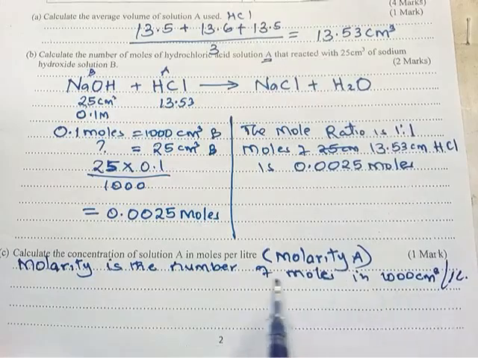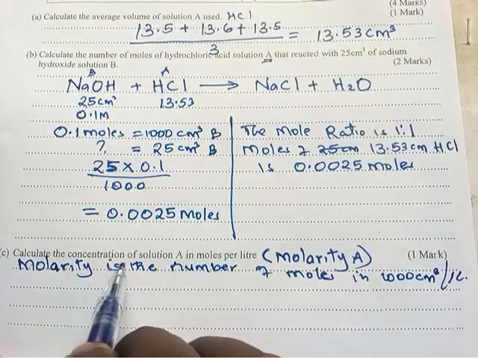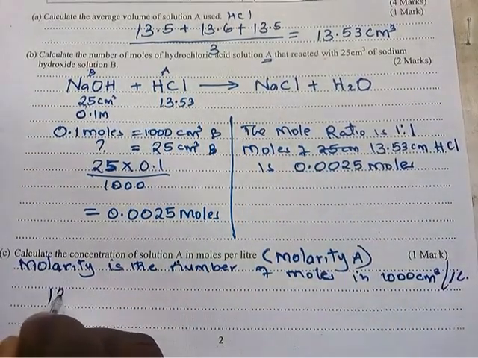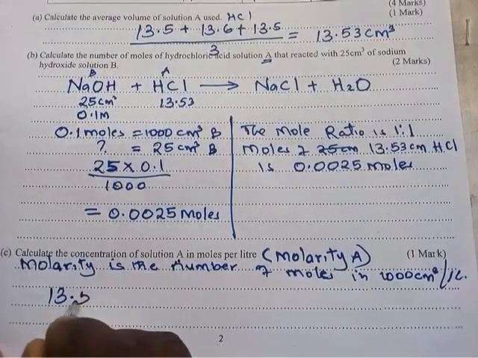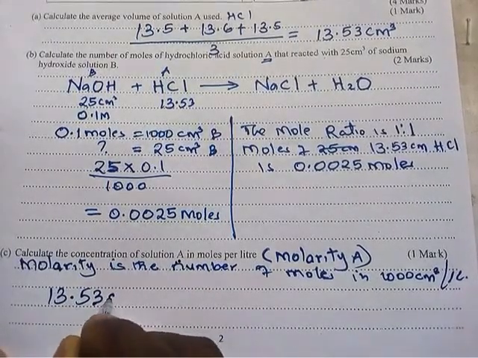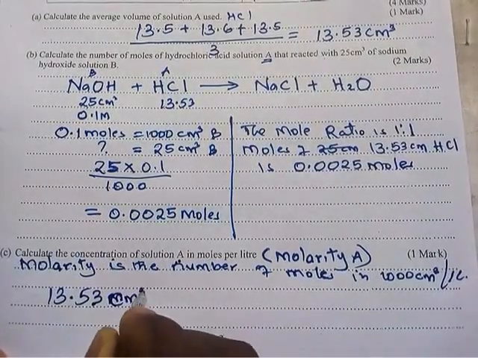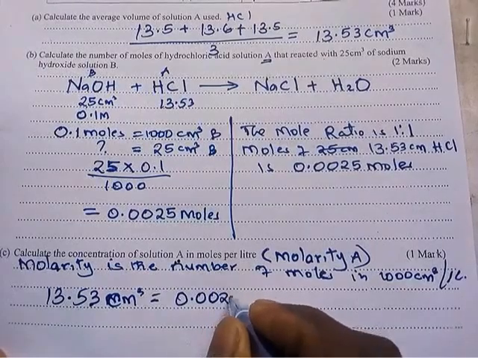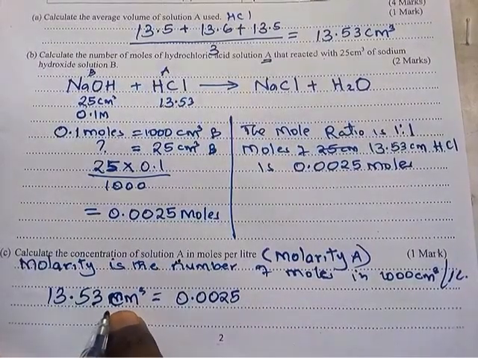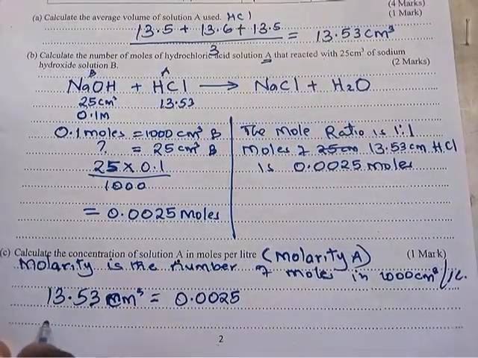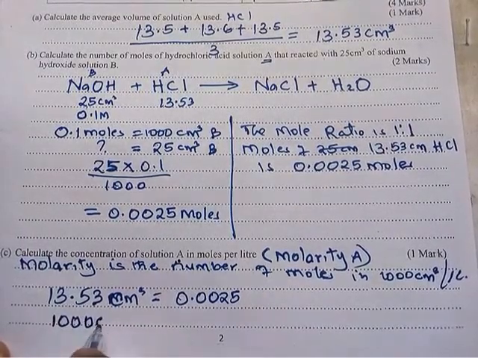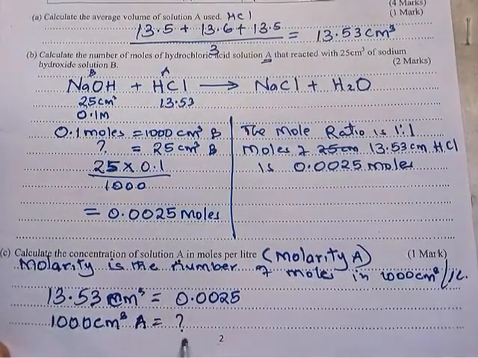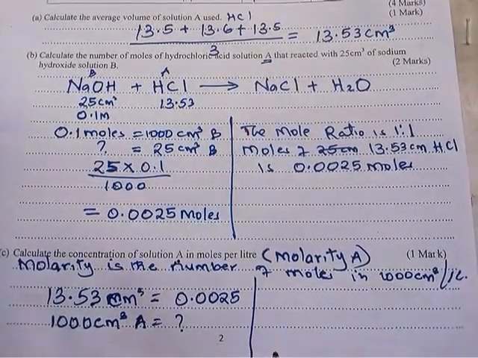Once you know that, now this one is easier. We have the number of moles of A in the volume that was used. So 13.53 centimeters cube has got how many moles? 0.0025. Molarity is in 1000, so we will ask, 1000 centimeters cube, per liter of solution A, will contain which number of moles?